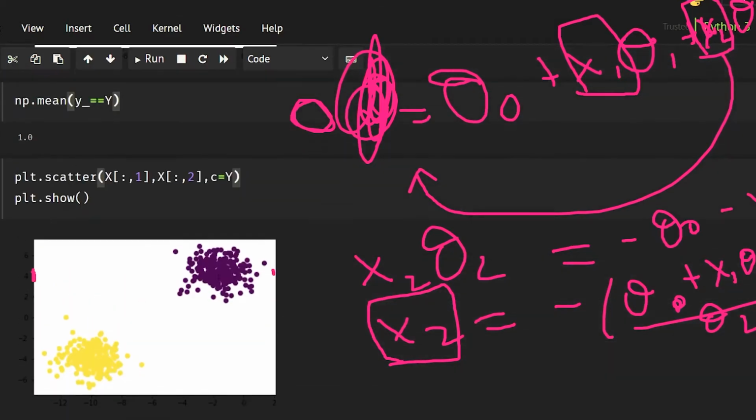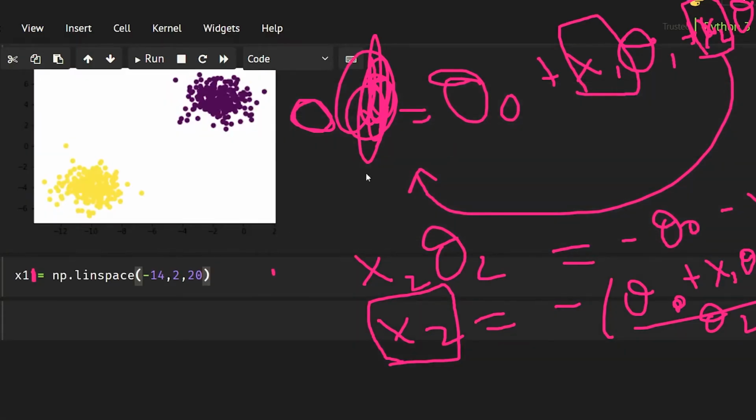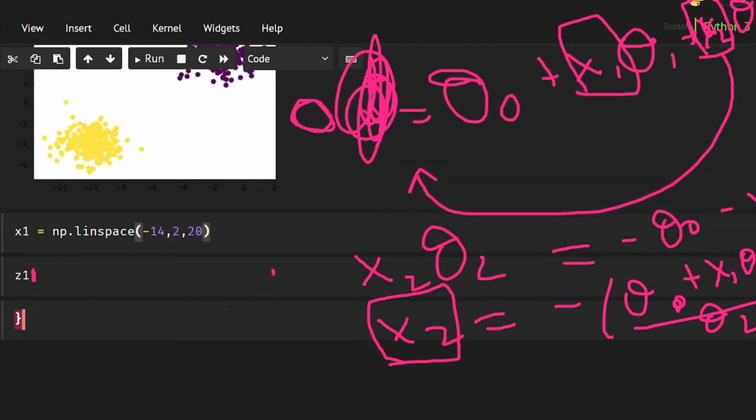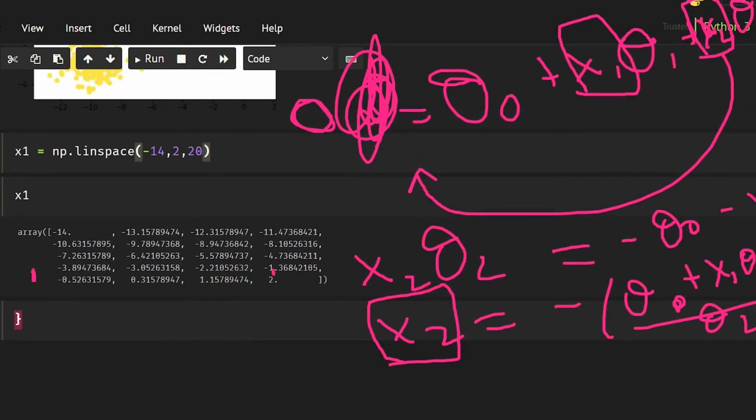Now let's see the values of x1. We have values from minus 14 to 2, and these are all equally distributed values.